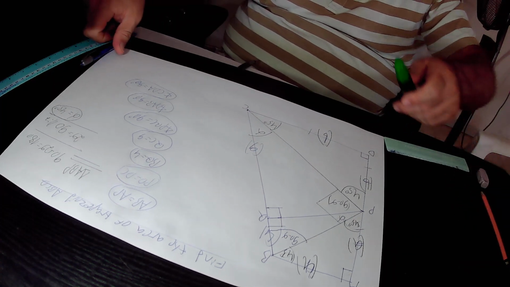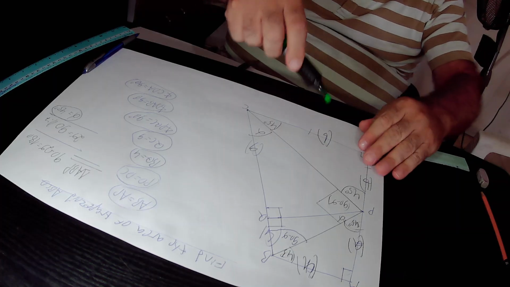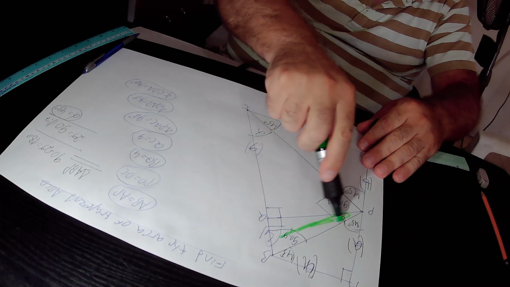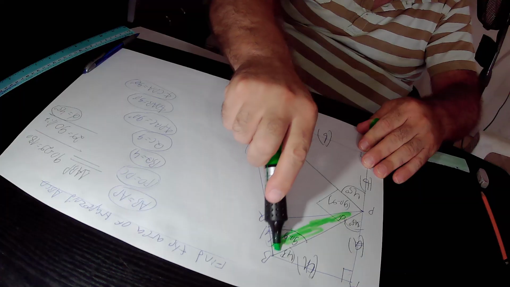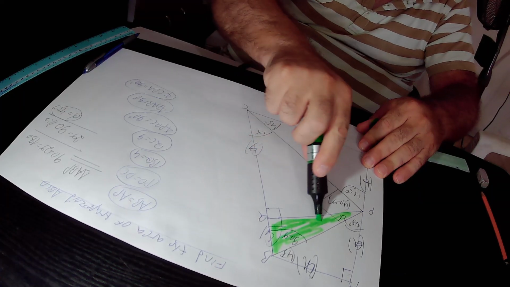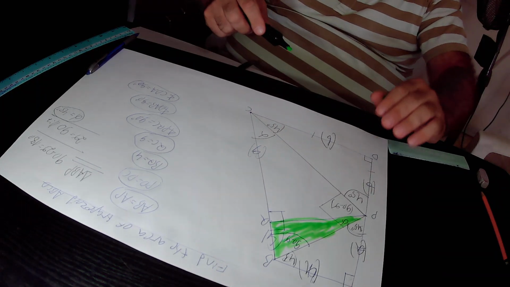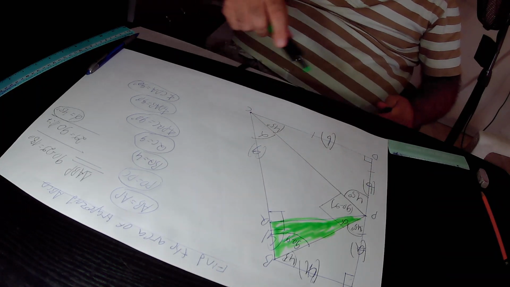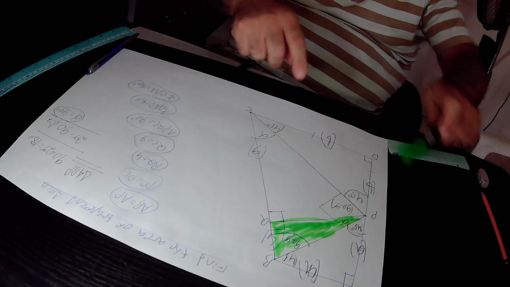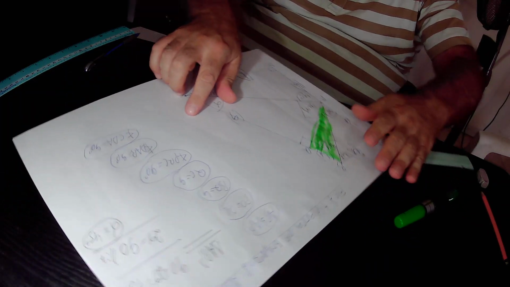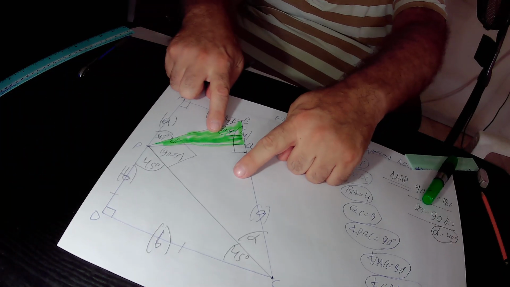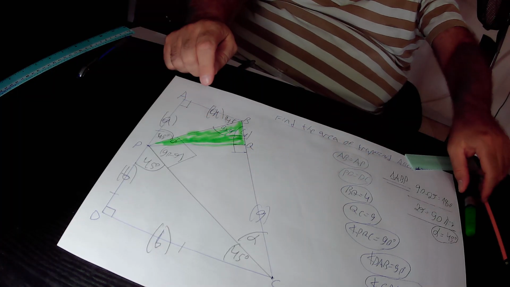So in the next step, we will prove that the green right small triangle BQP is similar to the big right triangle PQC. Why are those two right triangles similar to each other?